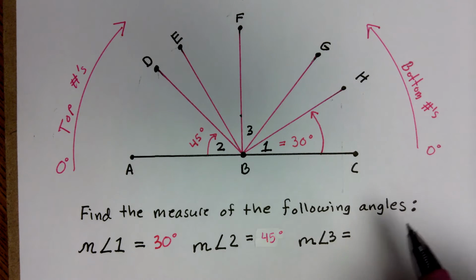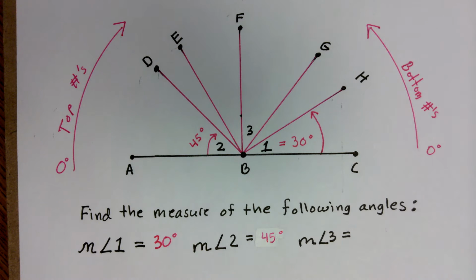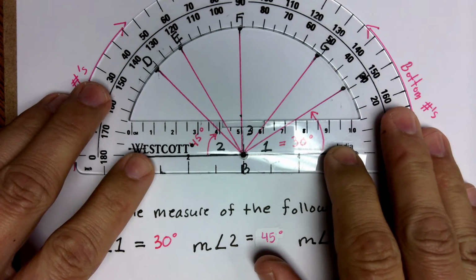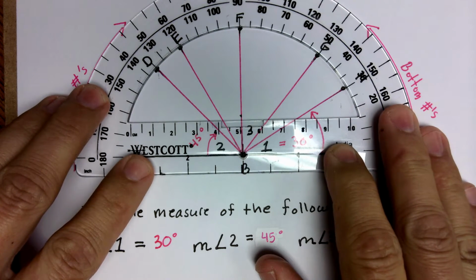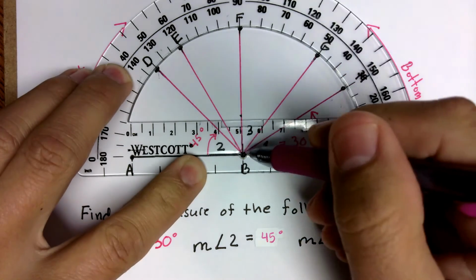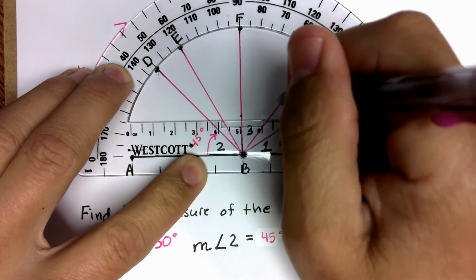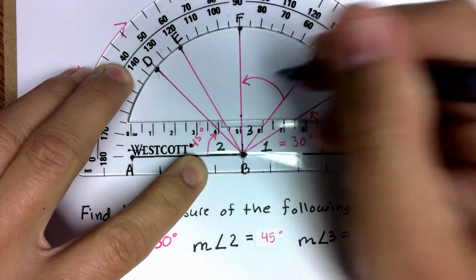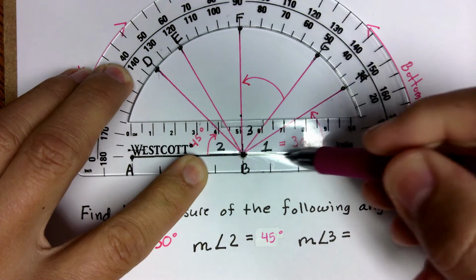Now, next I'm going to find the measure of angle 3, which is going to look a little bit different. So I'm going to take my protractor and put it on the vertex and line it up with my horizontal line. Now that I've done that, I do want you to notice that angle 3 is just this section. I'm going to get my pen and kind of draw an arrow. So we're not going from this edge right here.